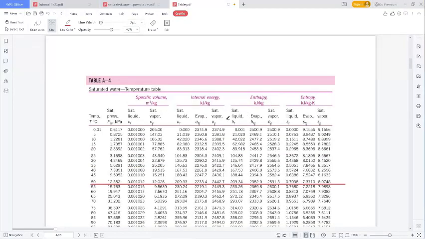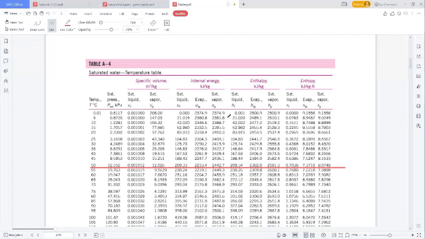Today I'm gonna explain about the saturated water temperature table, saturated water pressure table, the compressed liquid and the superheated. For saturated water, there are three states the fluid can be in. The first one is compressed liquid.